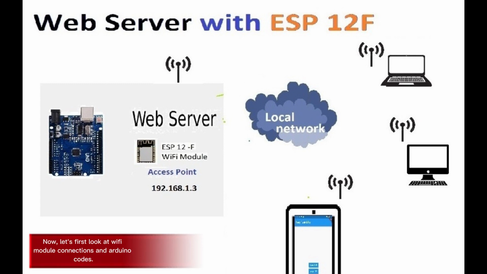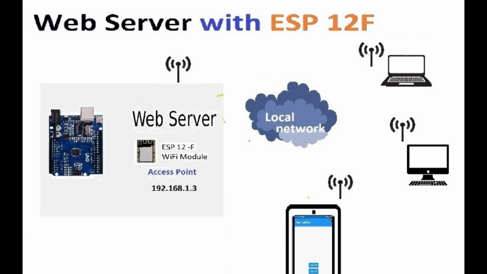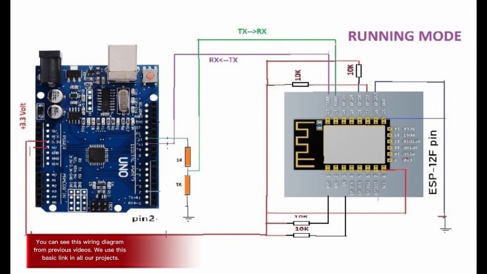Now, let's first look at Wi-Fi module connections and Arduino codes. You can see this wiring diagram from previous videos.